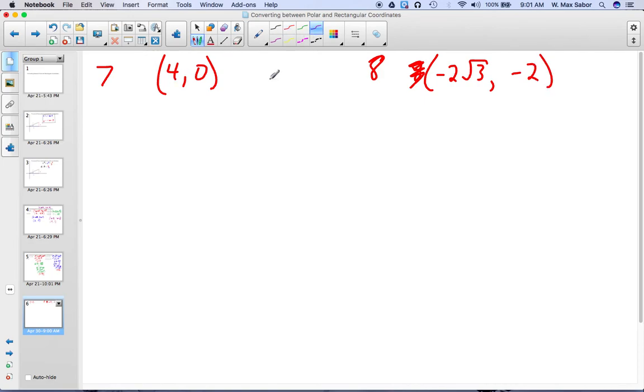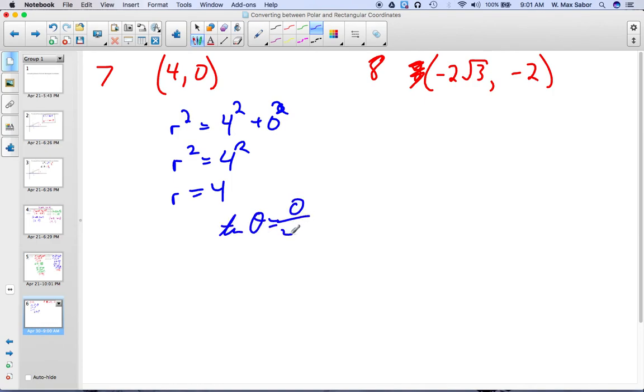Here, r squared equals 4 squared plus 0 squared. So r squared equals 4 squared. So r equals 4. It's not always 4, but in this case it is. Tangent is 0 over 4. So tangent is 0. So theta is 0 plus 180n.